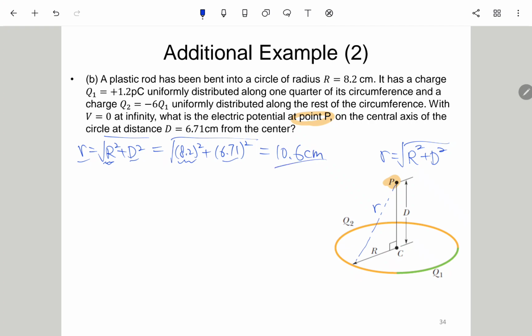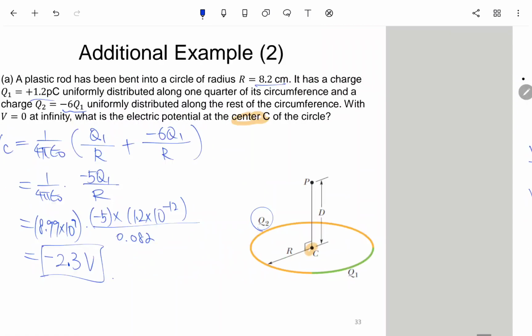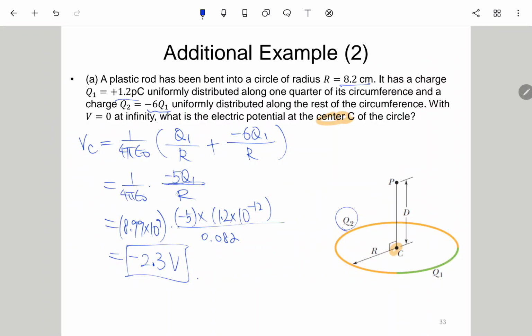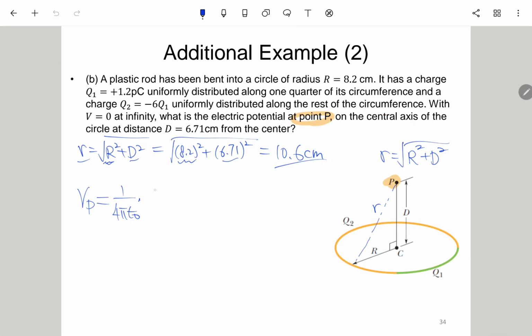Finally we would like to calculate Vp, which is nothing but 1 over 4 pi epsilon naught times, here we still have a negative 5q1, which is q1 minus 6q1, over small r.